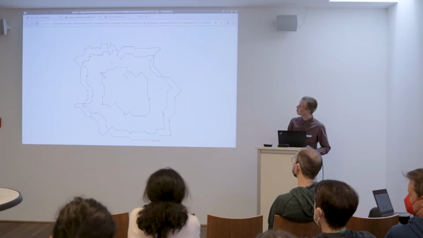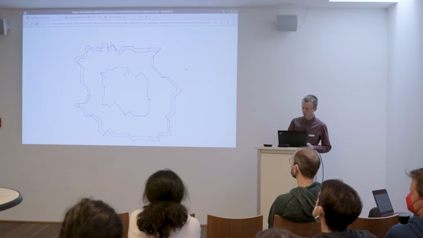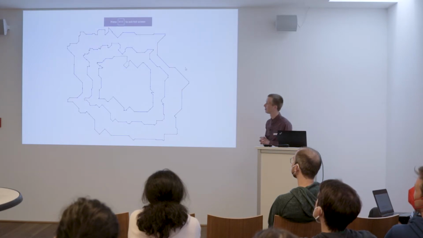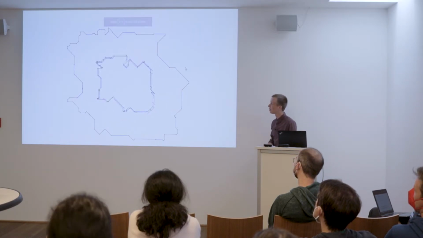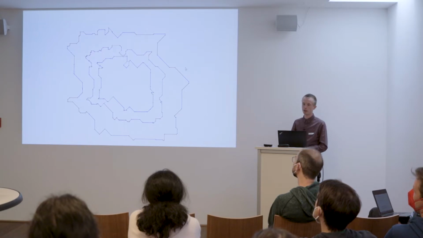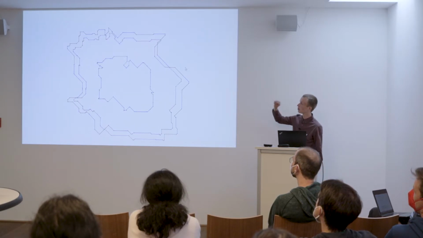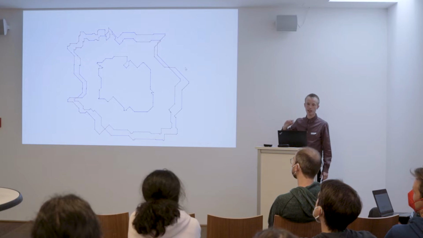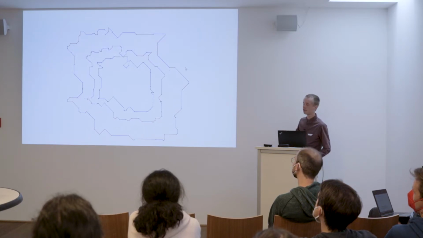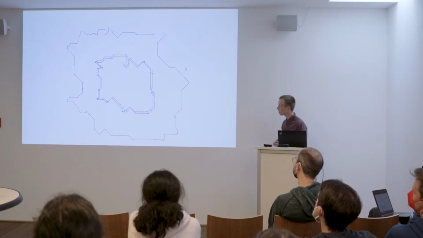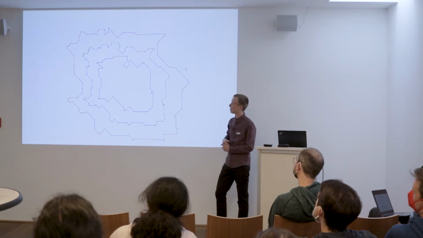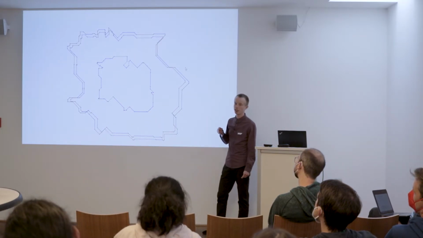Before I go to future work, maybe I can show one more complicated example. These are now two travel time maps, or two isochrones, with different travel times. So not a different starting time, but different travel time. You can see that there are still some issues here.